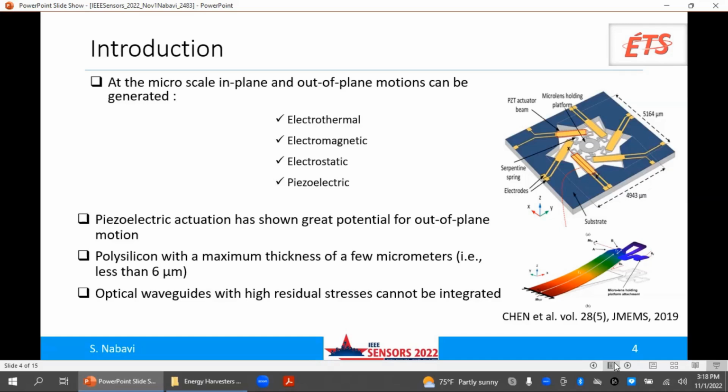Since it has a high residual stress, in terms of fabrication, we are not able to make the optical waveguide on top of the polysilicon, since polysilicon is very thin. So in this study, we came up with a new actuation mechanism. It is electrostatic, and we can use a very thick device layer.